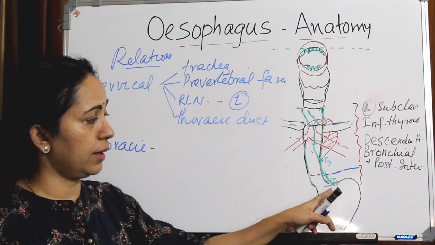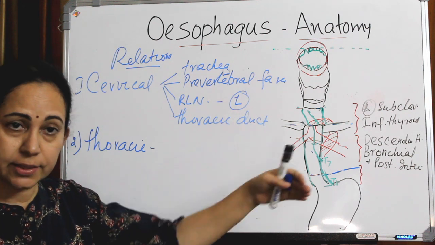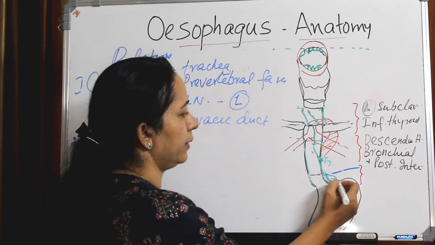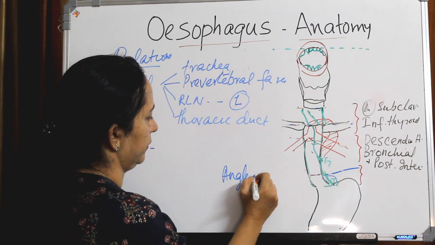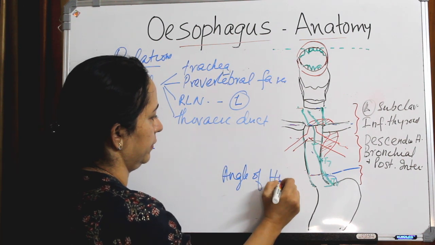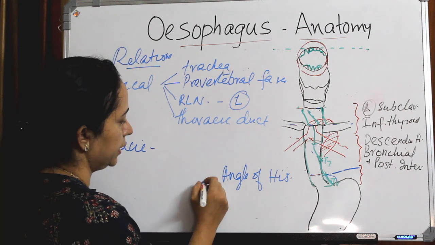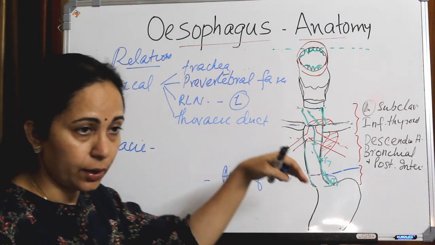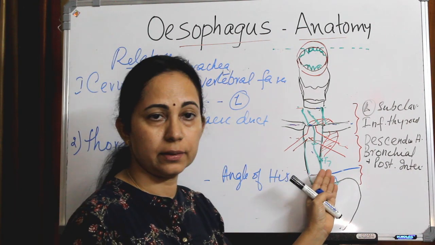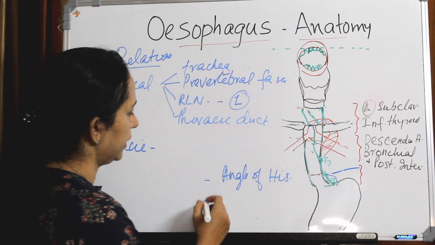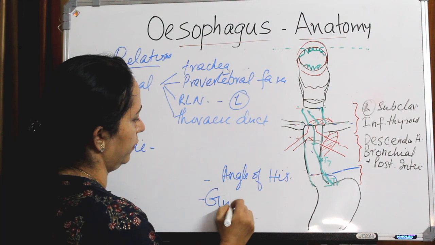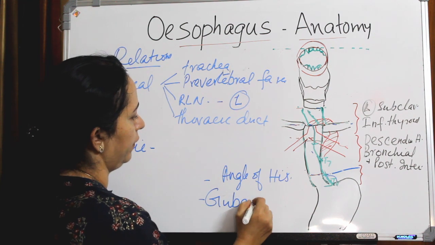So this angle with the greater curvature of the stomach is called the angle of His. And also there is a tongue of mucosa which from this angle descends into the stomach, and that is called the Gubarov valvula.